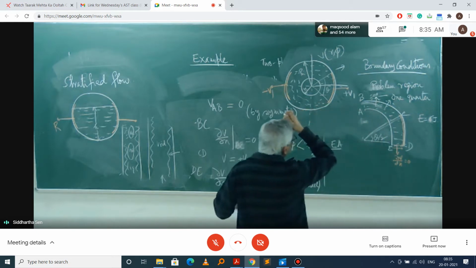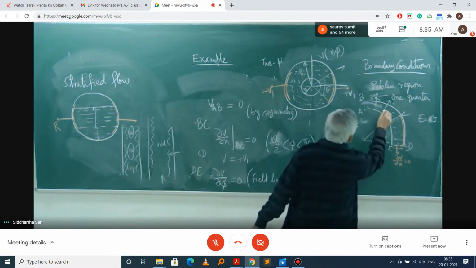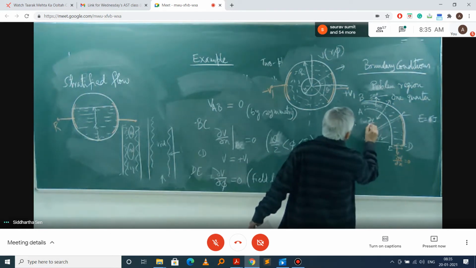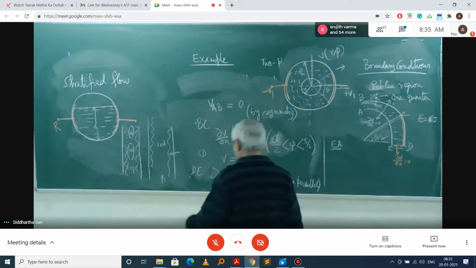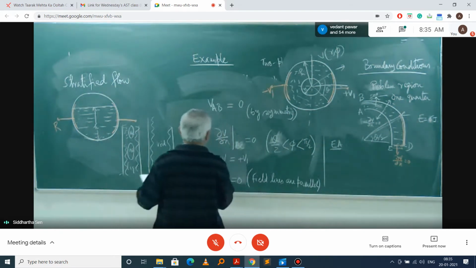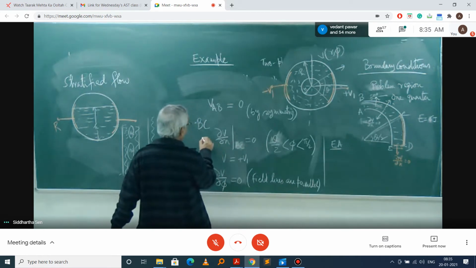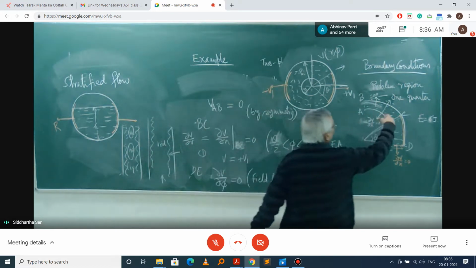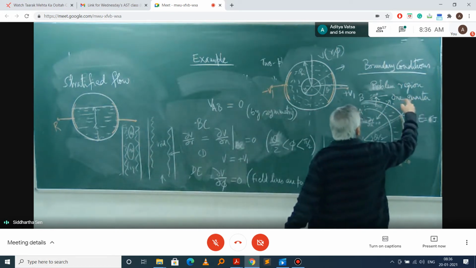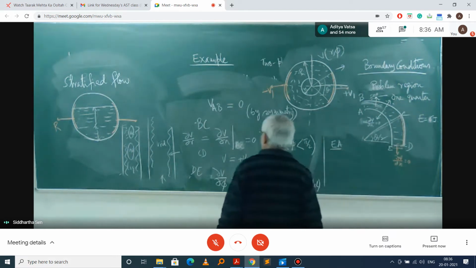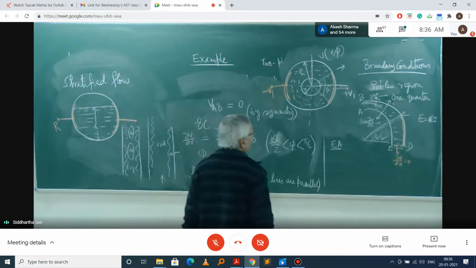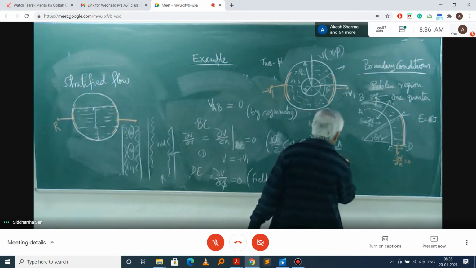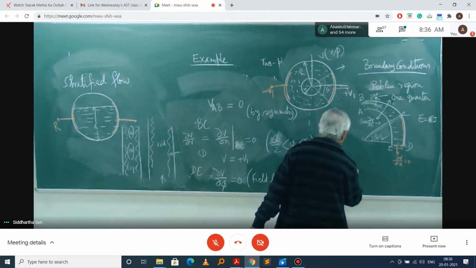For this one, what we require is, similarly, del V by del N equal to 0. Or I can put it this way: instead of del V by del N, I can put del V by del R equal to 0, because in the normal direction, as we change R, there is no change in potential. So here also del V by del R equals 0.